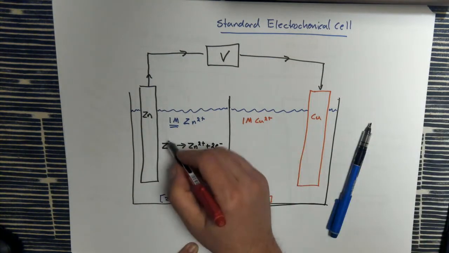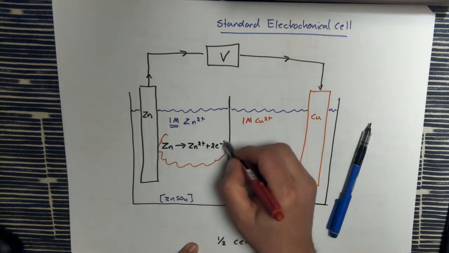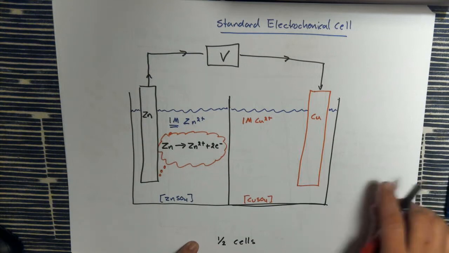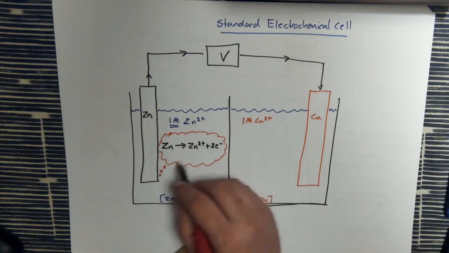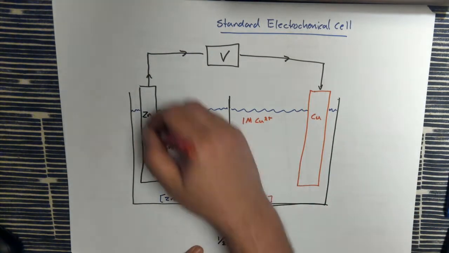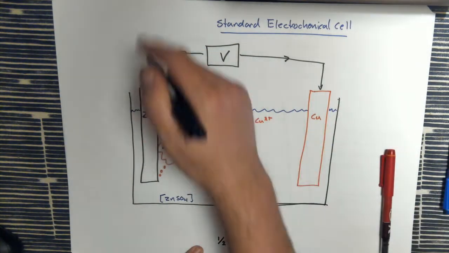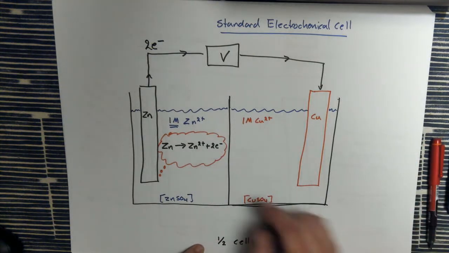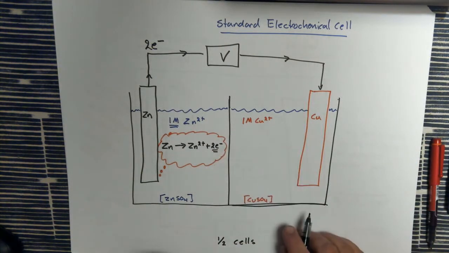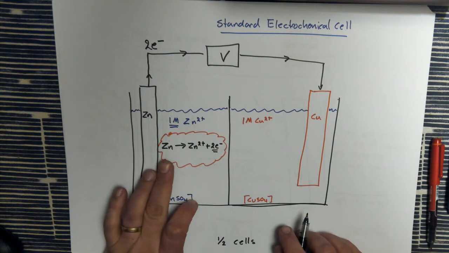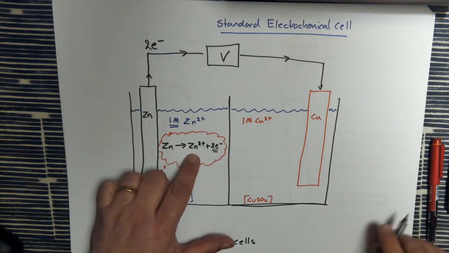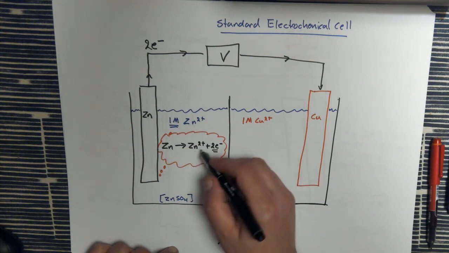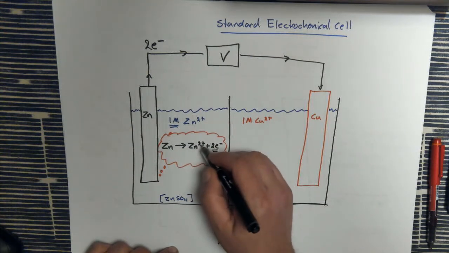So we have to think about this. This is what's going on. But if that's occurring, and the electrons disappear up here, so we have now 2 electrons moving up from here, what we're putting into solution is we're making this solution more and more positive, because we're adding more and more zinc 2 plus to it.